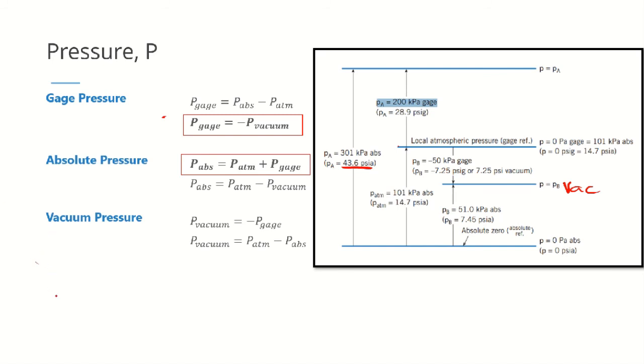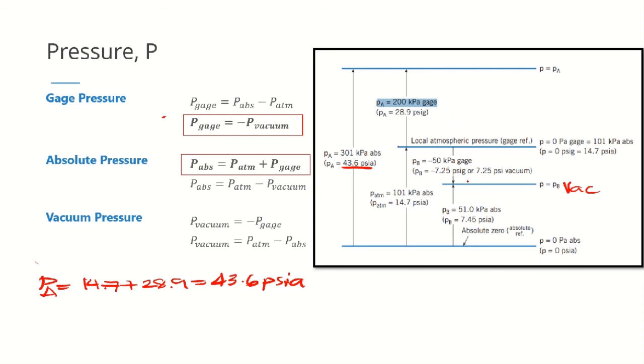So, masasabi natin na si PA is equal to 14.7 plus 28.9 equals sa 43.6 PSIA. Yan, pag may nakita kayong unit na PSIA na, absolute na yan. Huwag na kayong mag-add ng 14.7 PSIA. Okay, so that's the pressure above atmospheric pressure.